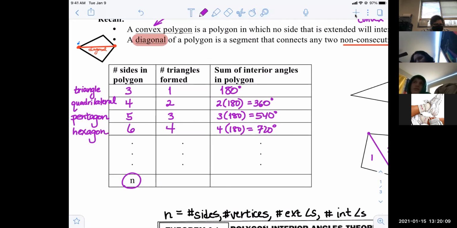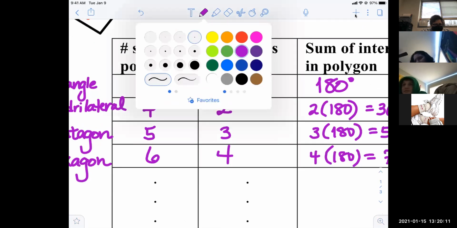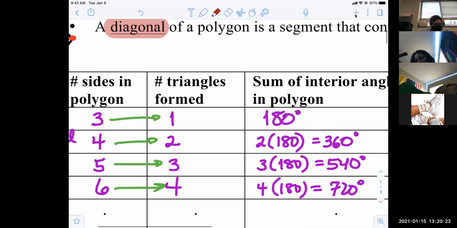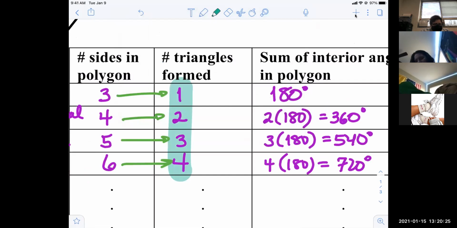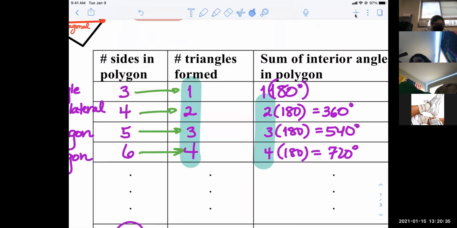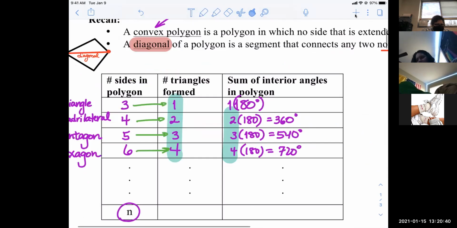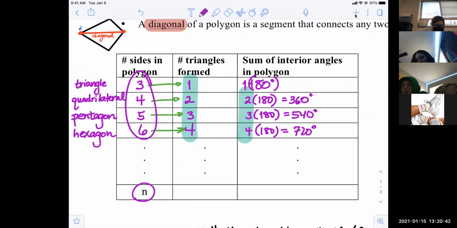So I want you to think about the relationship from these numbers to those numbers. What's the relationship? You're subtracting 2, right? And these are the numbers that are showing up in the front. This is like 1 times 180. So that means that if this number here is n, then this expression should be what?